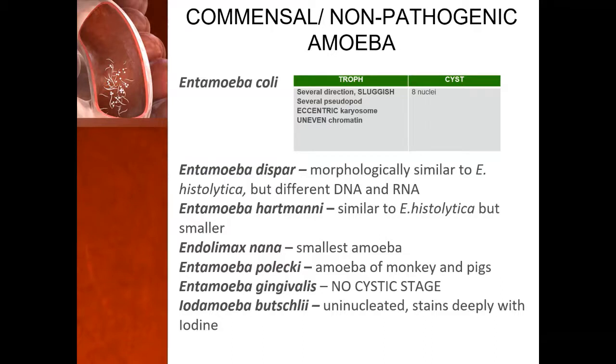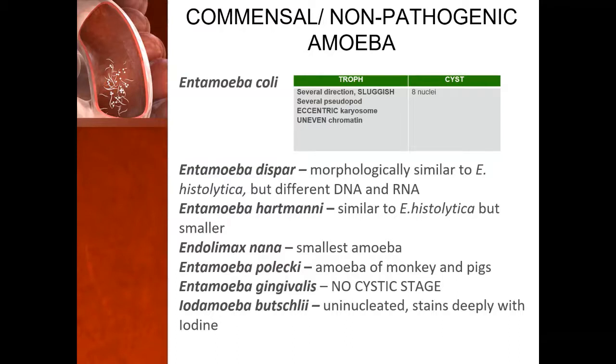So the other commensals, we have Entamoeba dispar, which is morphologically similar to histolytica but has a different DNA and RNA structure. And Entamoeba hartmanni is similar to the histolytica but a bit smaller. Endolimax nana is the smallest amoeba.